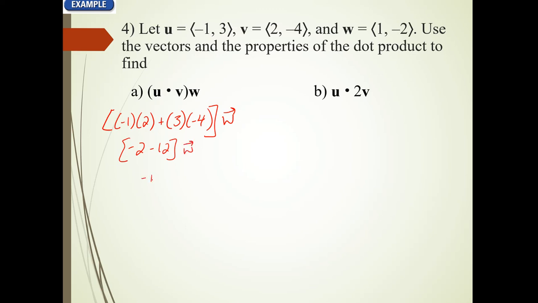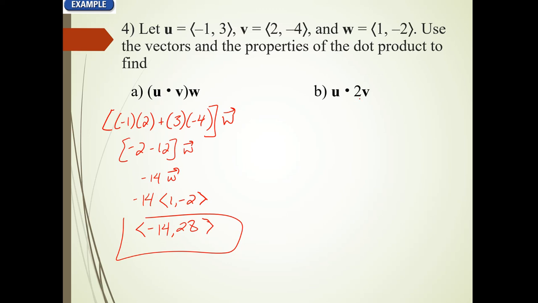So this is now a scalar, right? -14 times vector w, which was 1 comma -2, and you get -14 comma 28 with the pointy brackets, like so.